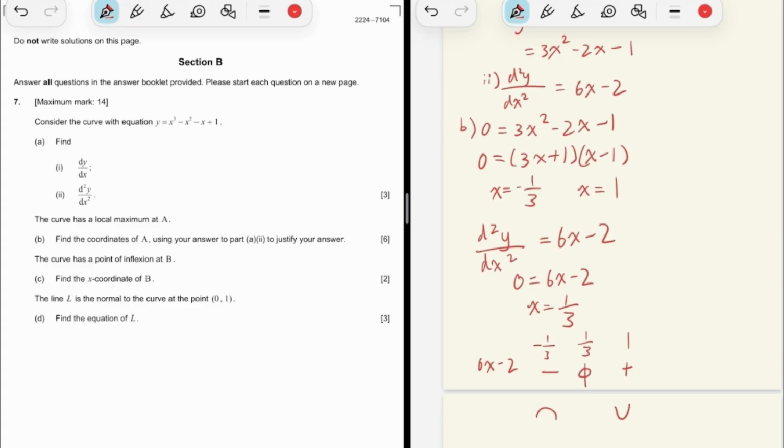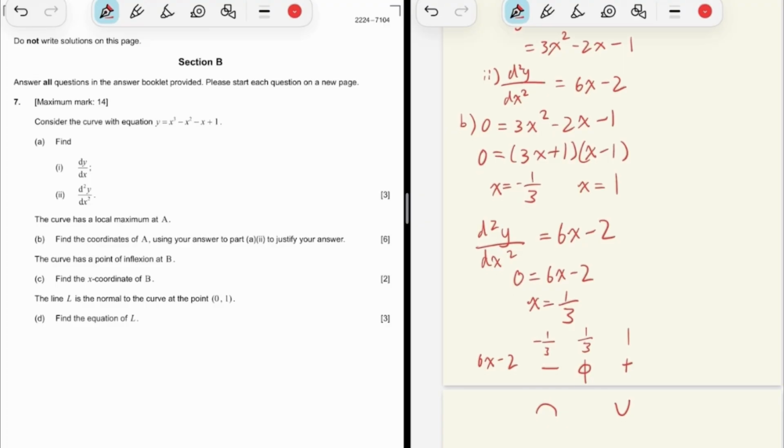And so thus the local max is at negative 1 over 3, which means that in the graph, negative 1 over 3 is the local max.